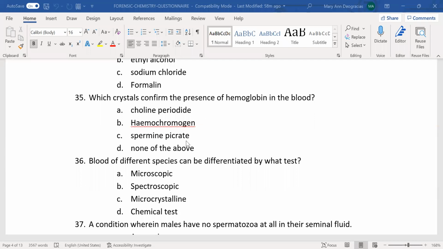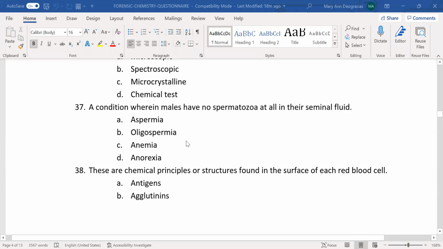Next. Number 37, bonus question. A condition where males have no spermatozoa at all in their seminal fluid, baog. Or anemia, you know that, remove that, cross that out. Anorexia, that's not it. Or which of the two? A, okay. So A is aspermia.